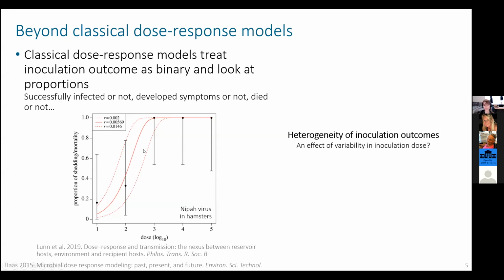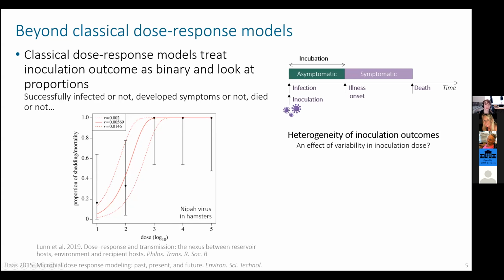So we usually obtain these kinds of plots where we have the proportion of individuals responding, so showing symptoms, transmission, and so on, plotted over the dose of pathogen they received on a log scale. That's already bringing lots of information, but it's not considering all the heterogeneity there is in inoculation outcomes, and potentially the heterogeneity that can be driven by inoculation dose.